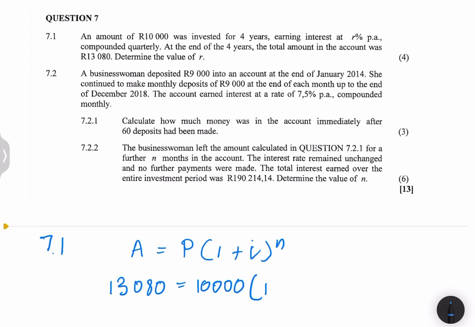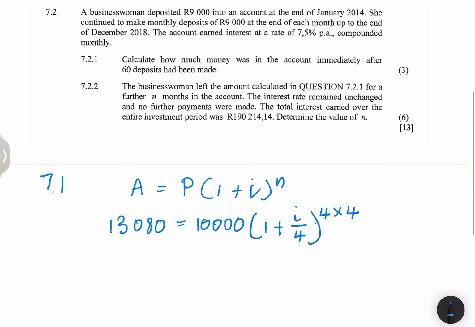So we know this is going to be 1 plus i over, now please note, we always say over m, which is the period of compounding. So we're going to say this is i over 4, right? And in this case it's 4 years, and of course we are compounding quarterly, so we are multiplying that by 4.